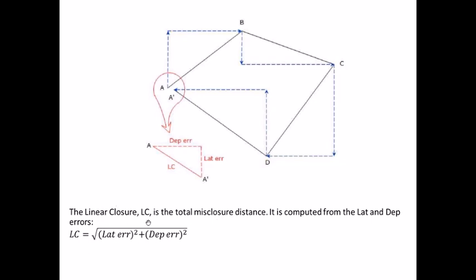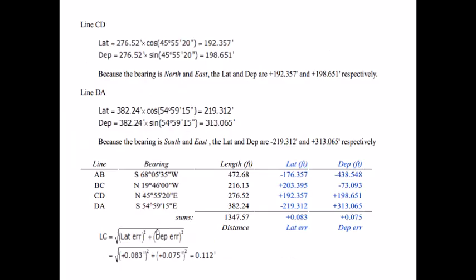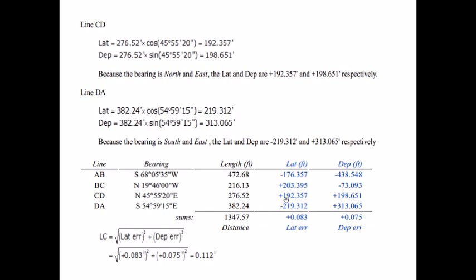Using the same equation, taking the square root of the squares of the total error in latitude and total error in departure along with the sign, we get the total missed closure error 0.112. Now that we have that, we can balance it, and by balancing I mean changing the latitude and departure of every line, so that once you're done, the sum of latitude becomes equal to 0 and the sum of departure is also equal to 0.